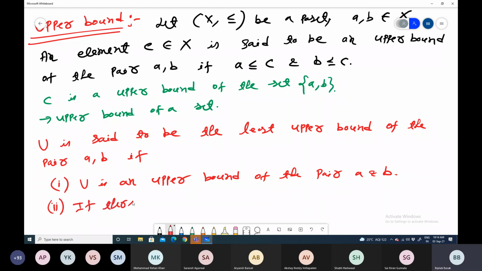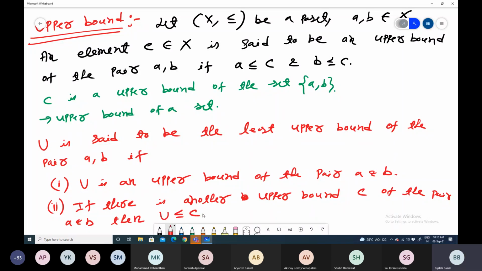That is, if there is another upper bound C of the pair A and B, then U less than or equal to C. So if U is an upper bound and among all the upper bounds U is the least one, then we say that U is the least upper bound of the pair.